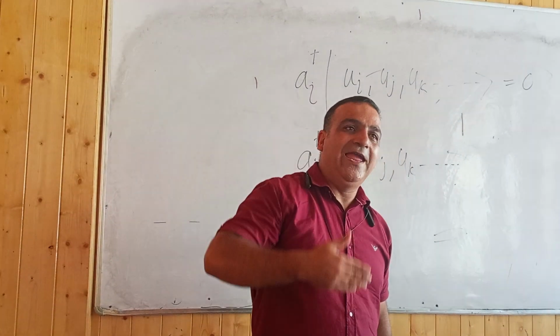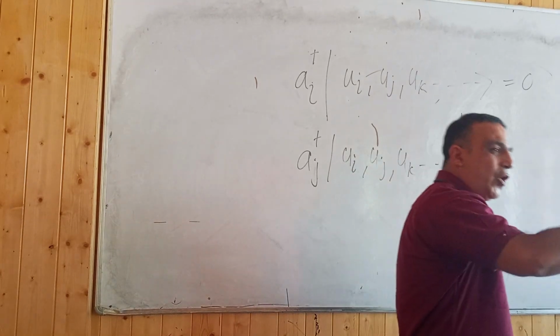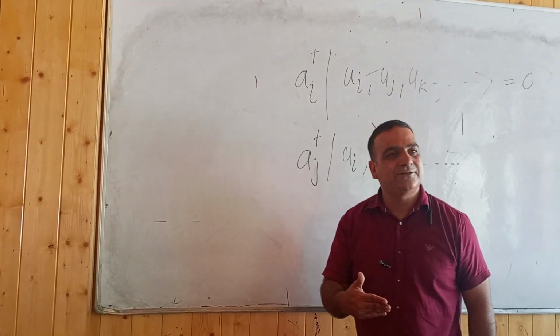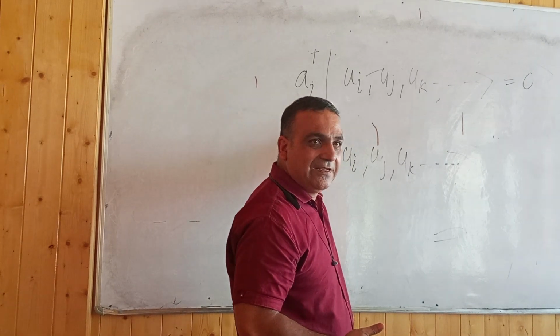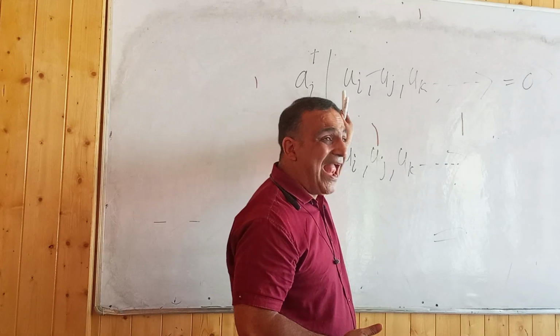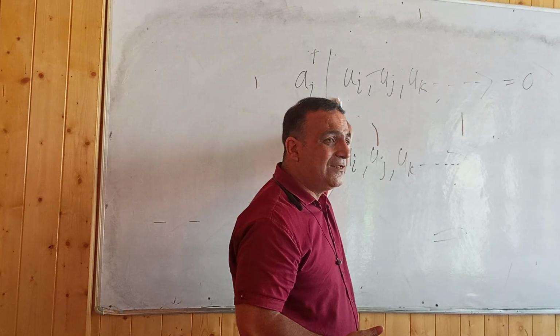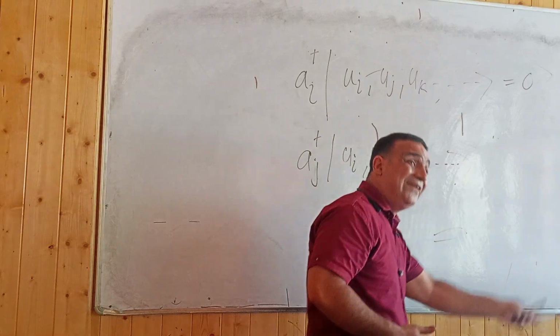The whole hierarchical system based on the configuration of electrons will collapse theoretically if you are adding a creation operator, if you are adding a particle which is already existing in your system in the same quantum state.